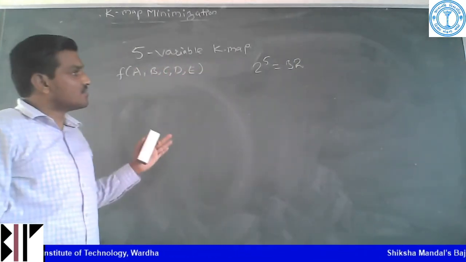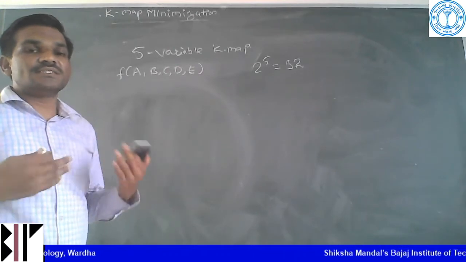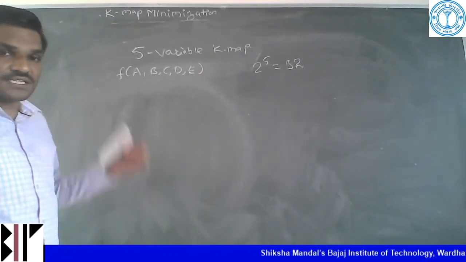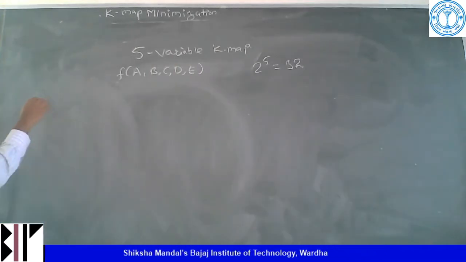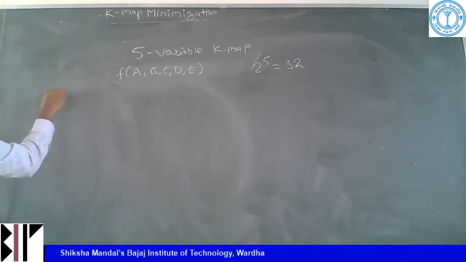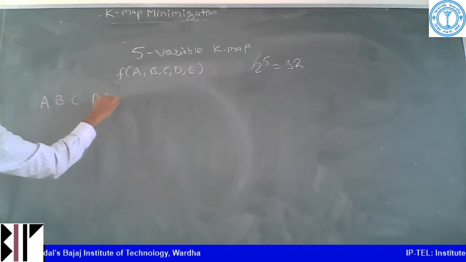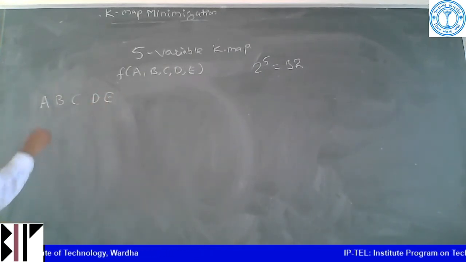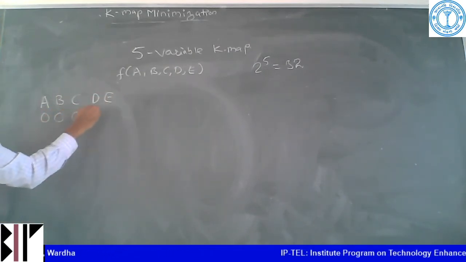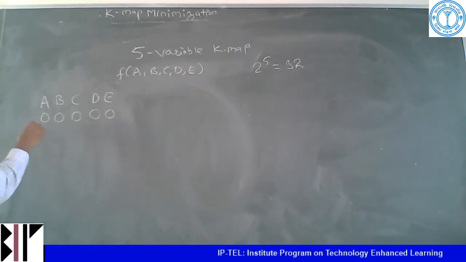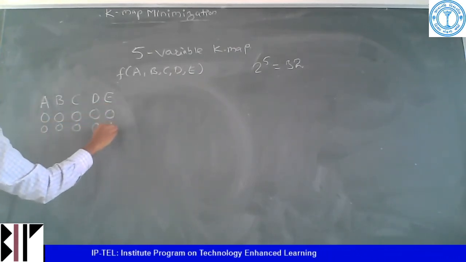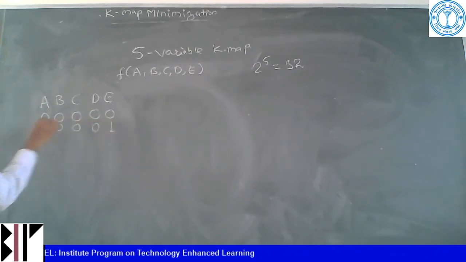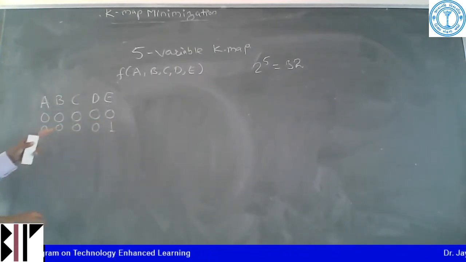As in the case of four variables, we have seen there are 16 combinations or 16 cells. So for a 5 variable K-map, 32 combinations will be there. We have 5 variables such as A, B, C, D and E. The variables start from all 0, then 0, 0, 0, 0, 1. This is my decimal number 1 representation in terms of 5 variables.